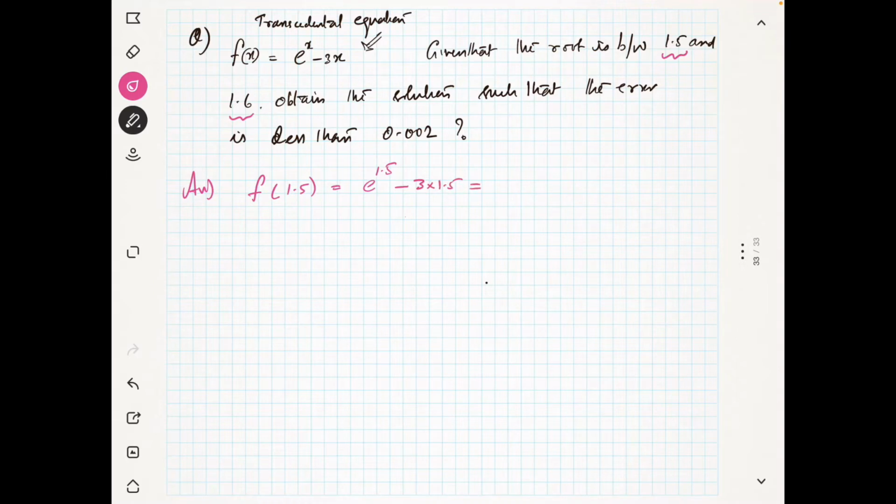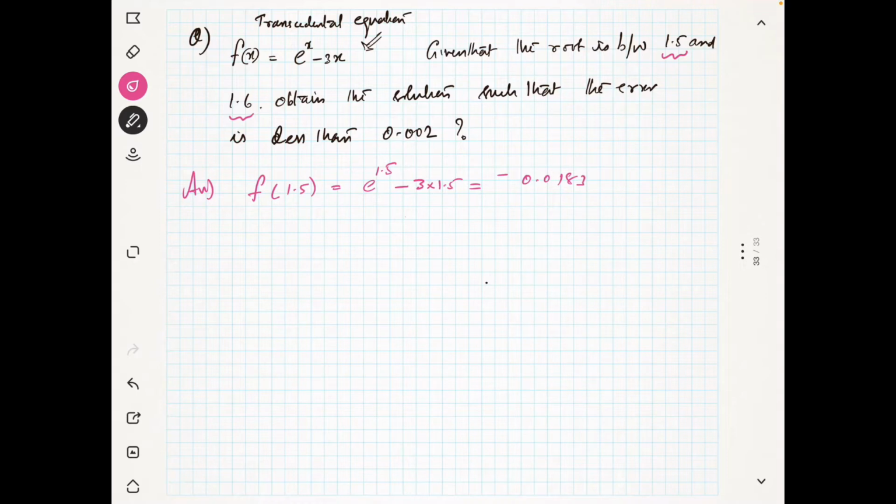So you will get this answer as minus 0.1831, I think so. Let me check. Okay, 183. Okay, that's it.